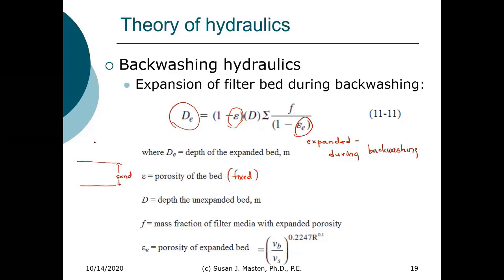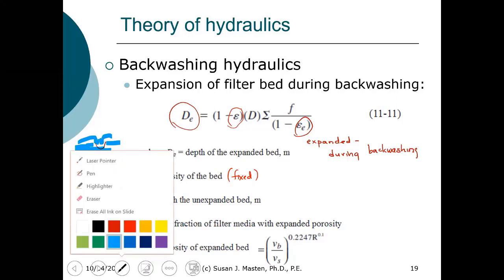We have the wash troughs above it. And during backwashing, what we will do is we have water flowing in the opposite direction. We will expand this bed. So what we do is we'll fluidize the bed so that the water level is just over the top of the trough.